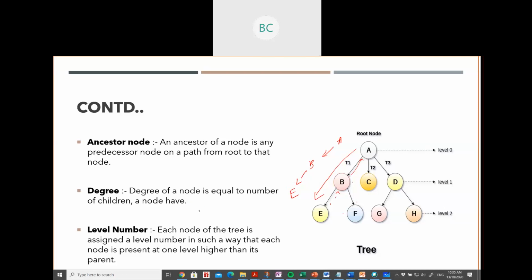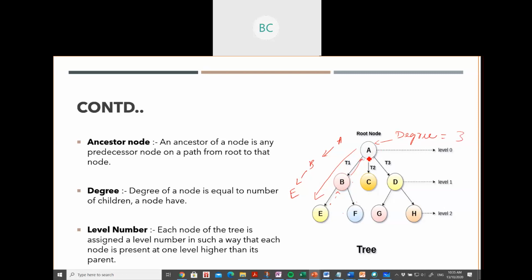Next, another term is your degree. Degree means what? The degree of a node is equal to the number of children a node has. So if I am asking you what is the degree of node A, how many children does this A node have? 3. Yes, correct.